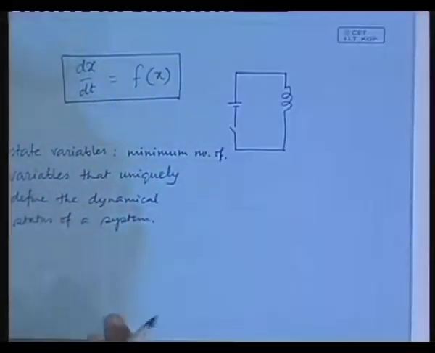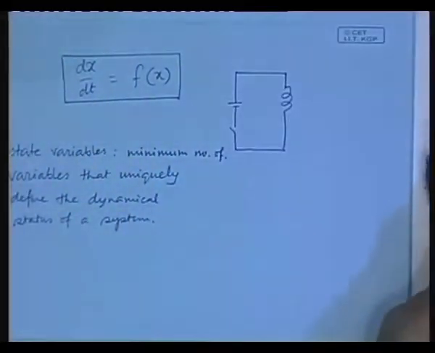Storage elements are the inductance and the capacitance, and the current through the inductances and the voltage across the capacitances, they uniquely define the state variables. In certain situations, the number of state variables may be less than the number of inductances and capacitance in a system. However, for the purpose of this particular course, we will not go into those issues. But essentially, just remember that this is the definition of state variable.